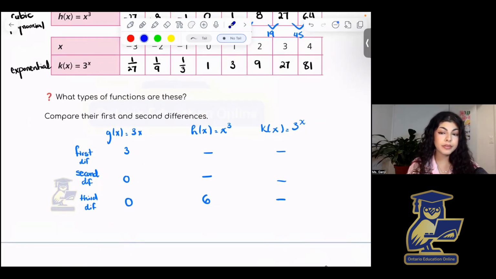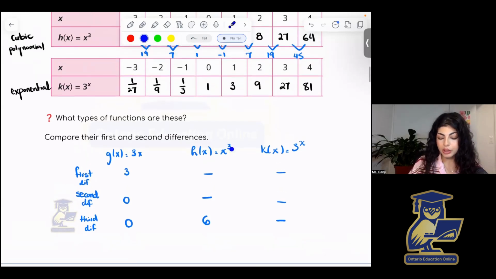So one new piece of information here would be that for polynomial functions, the difference of the outputs will be the same based on the power. So with quadratic, again, remember it's an exponent of 2, so the second differences were the same.